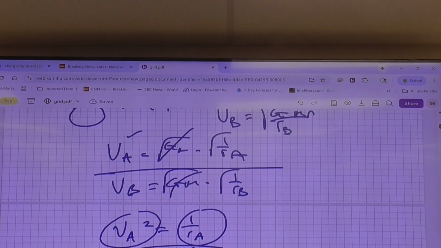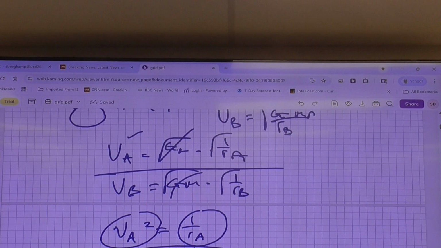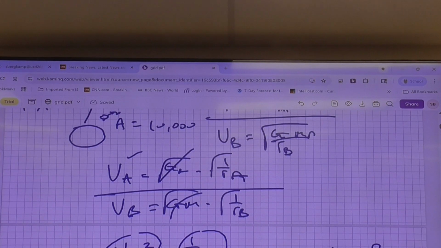So what you should see on that one is that it's obviously, because it's further out, so here's A and here's B. Don't be afraid to step back and look at an equation and go, okay, if you look at this, big G and mass are the same. Radius B is bigger. So what do you know about the velocity of B relative to the velocity of A?